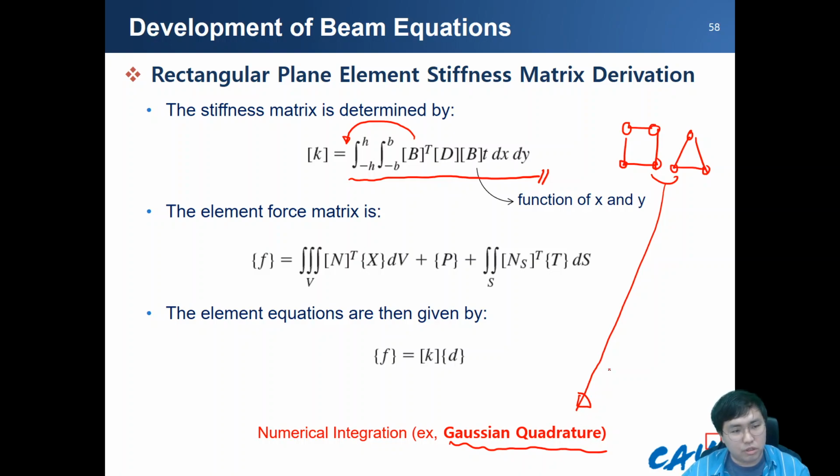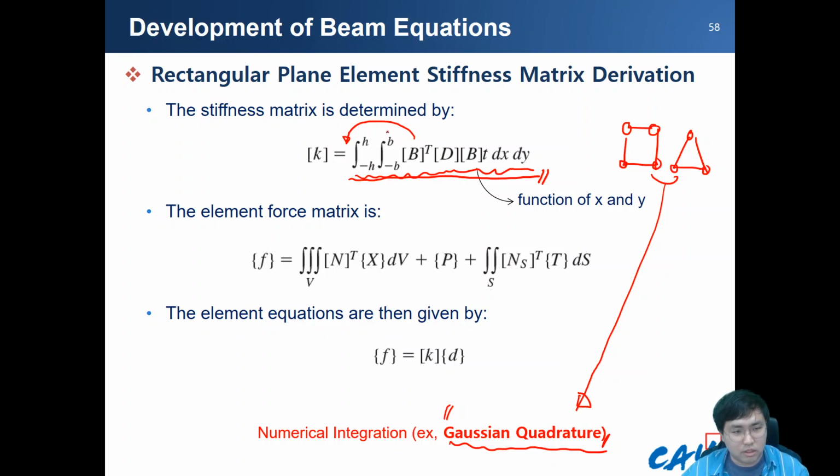However, we need some numerical integration technique, and the most common method is the Gaussian quadrature method. So in the next lecture, I'm going to briefly introduce Gaussian quadrature in the one-dimensional case.